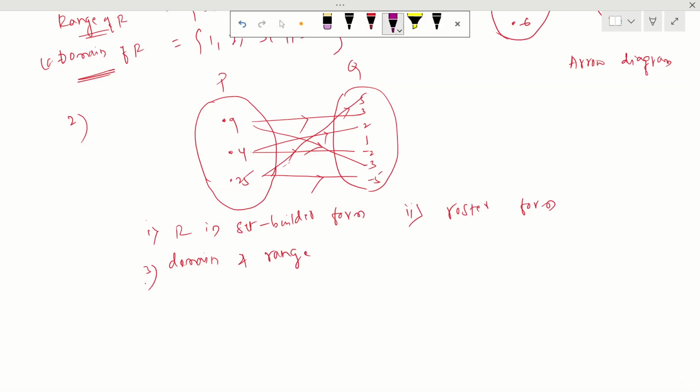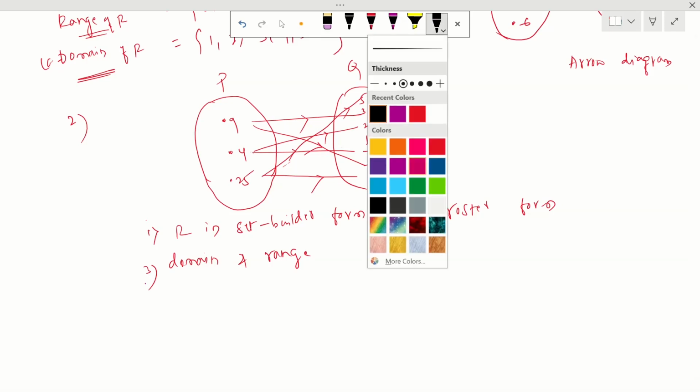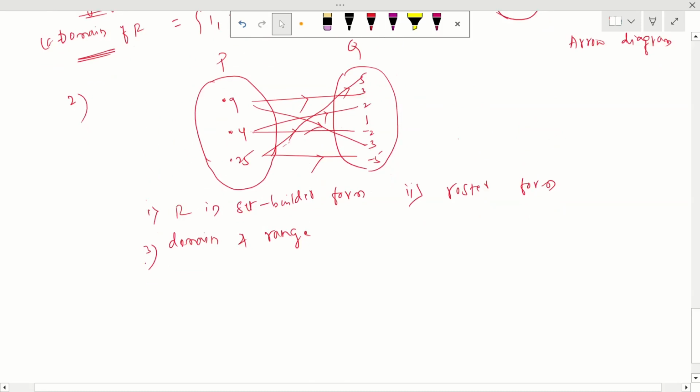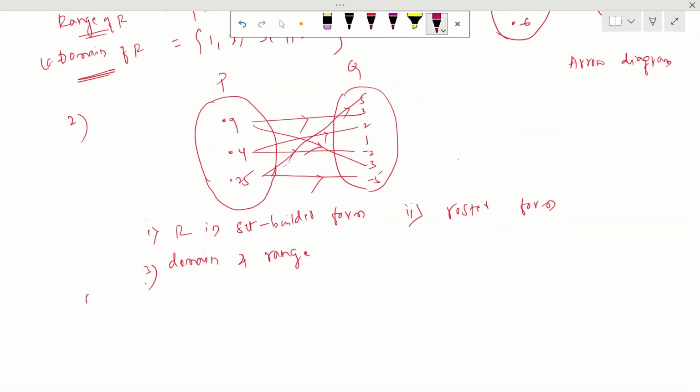Okay, when we observe these two sets, x is the first element, y is the second element.